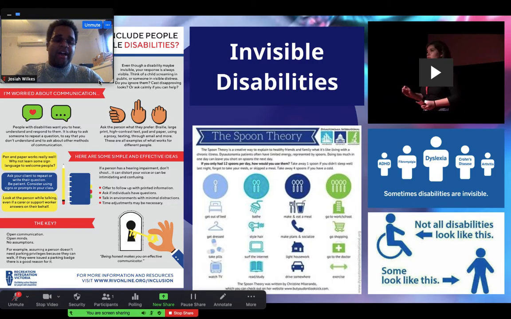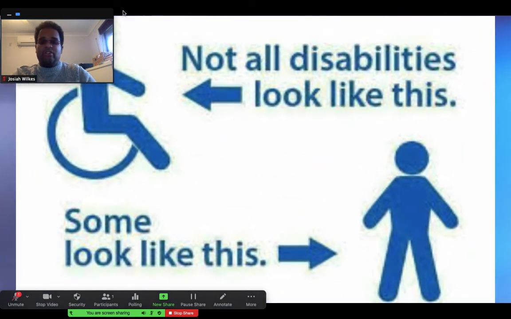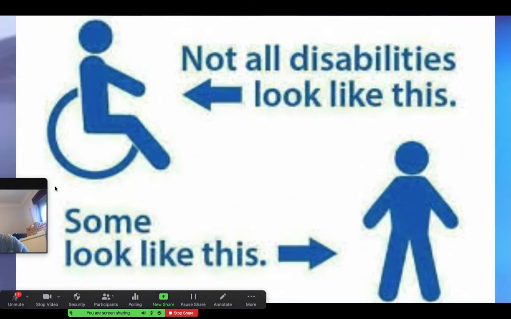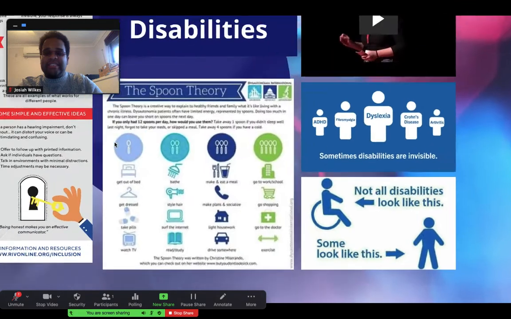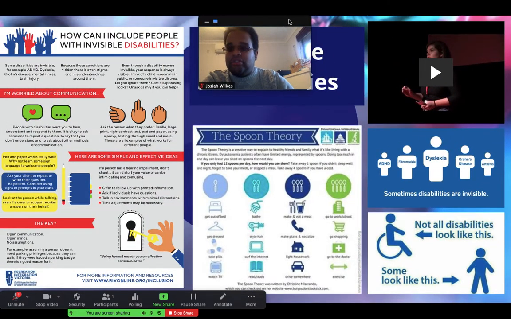There are experiences that people go through that can be really hard. Not all disabilities look like this. Some look like this. Okay? So that is something that's important to understand.